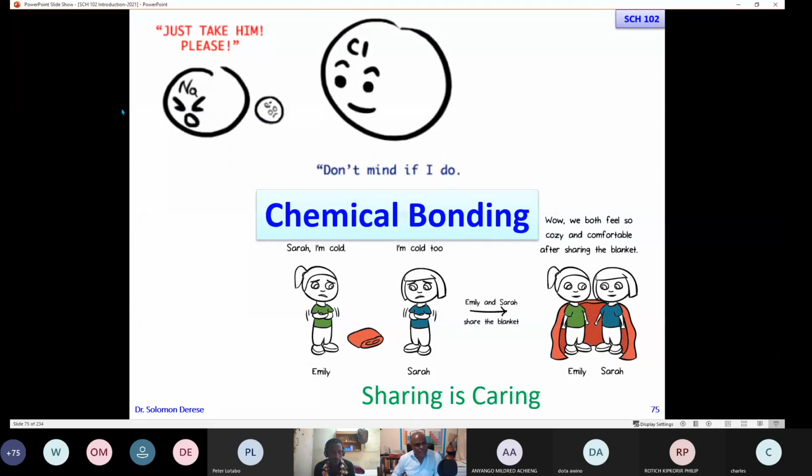The sodium is looking away from the electron and is not happy about having this electron. And even the electron is not looking towards the sodium, it is looking away, particularly towards the chlorine, which is really inviting it, telling it, come please.